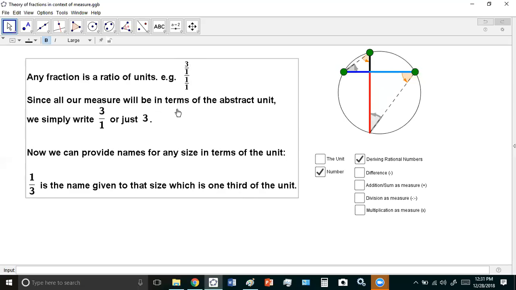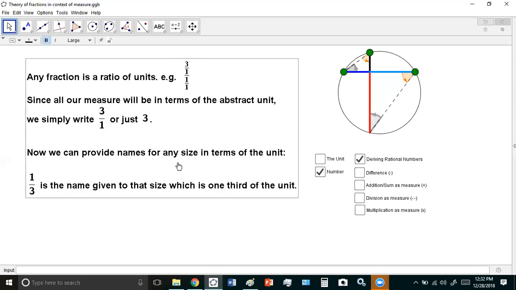And since all our measure is in terms of the abstract unit, we can just simply write 3 over 1 or just 3. But remember, when you see this 3, it means 3 over 1. And it originates from this measure. This is the measure, and this is the number, okay? So this here is the measure, and that's the number.